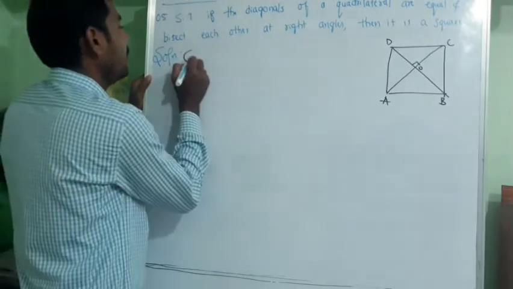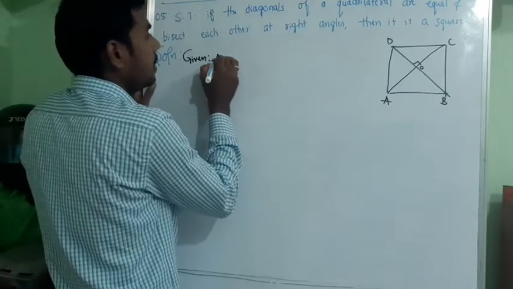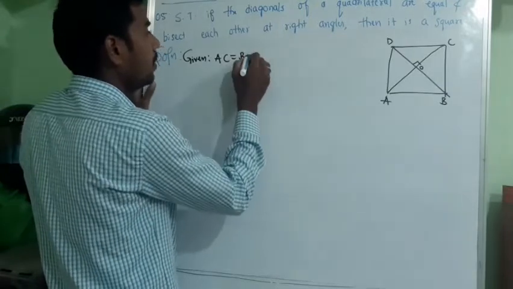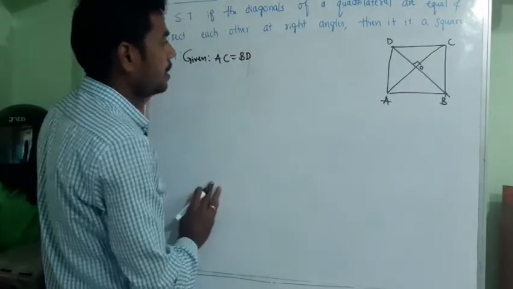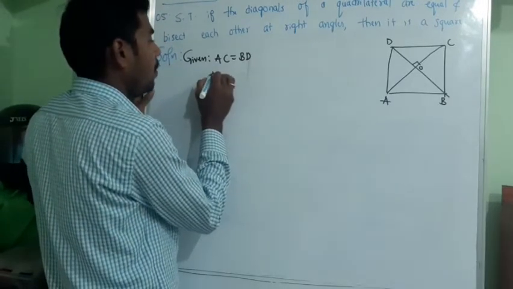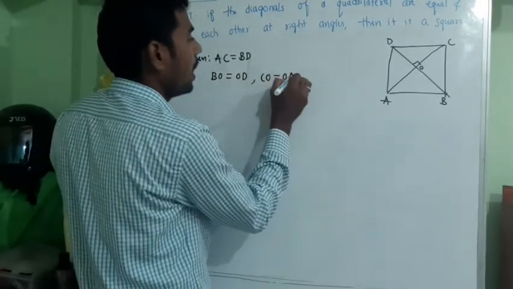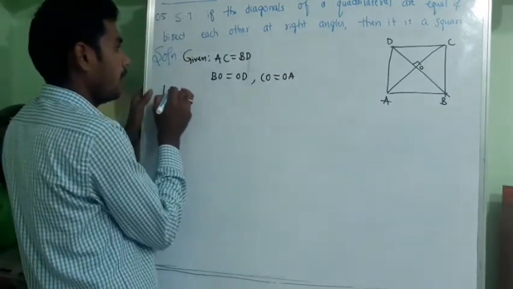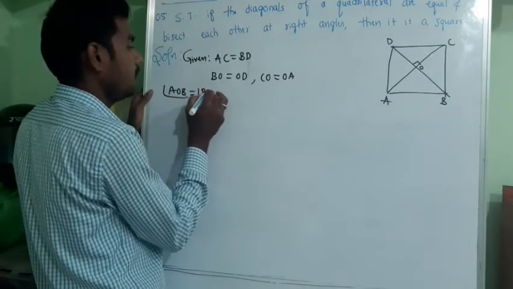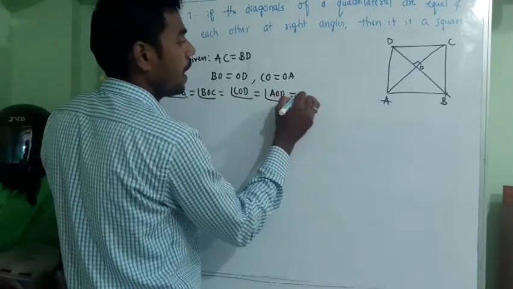So we'll write down the given thing, what is given to us. AC is equal to BD, and BO is equal to OD, and CO is equal to OA, and even they have given angle AOB is equal to angle BOC is equal to angle COD is equal to angle AOD is equal to 90 degrees.